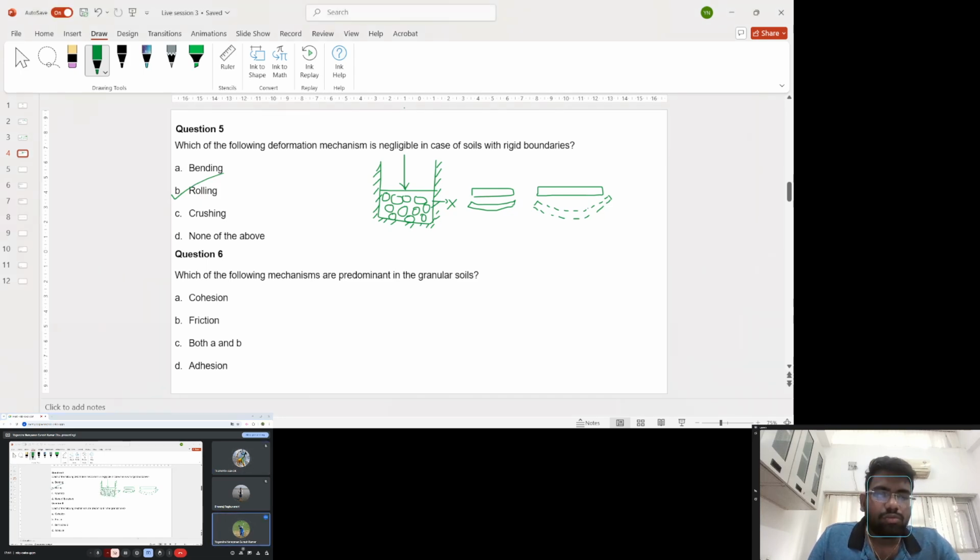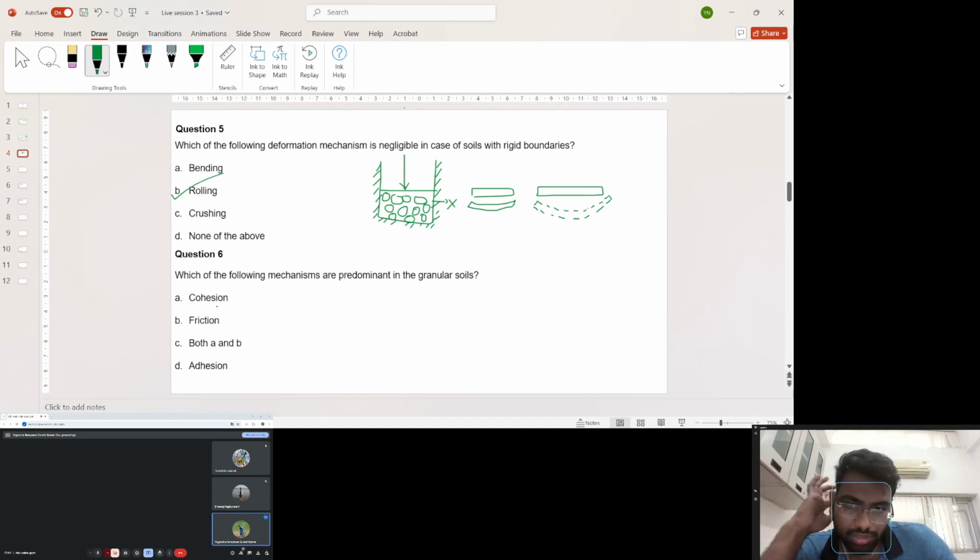So now moving to the next question. Which of the following mechanisms are predominant in granular soil? I think this question has been discussed last week also, or the week before. So as you know, it is friction.